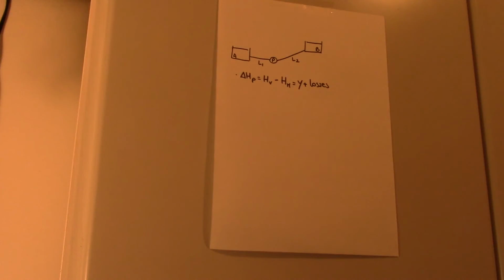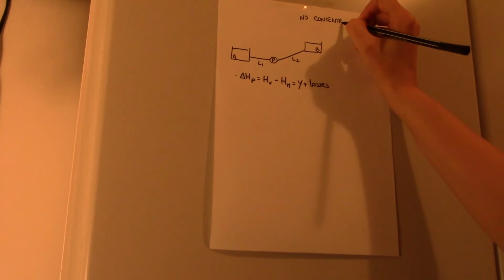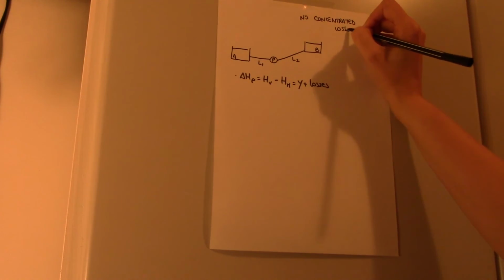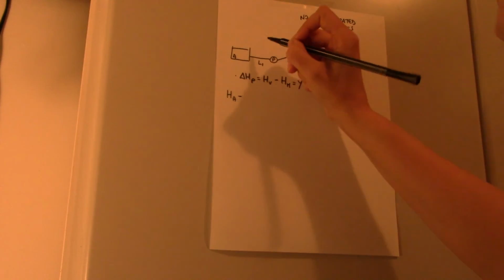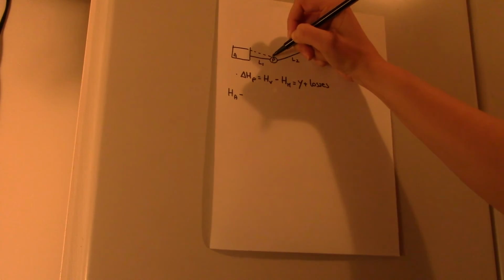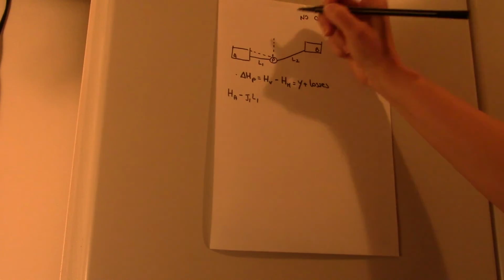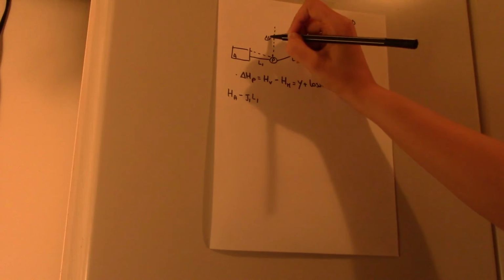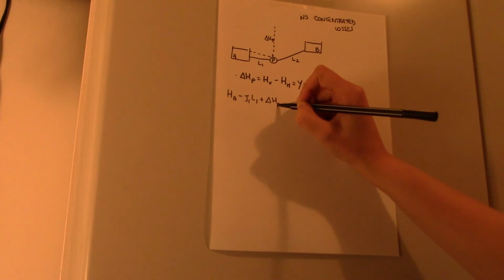Let's write now, trying to explain this, just applying Bernoulli's theorem from tank A to tank B. So, again, no concentrated losses, which means that we start from HA, then we see the first losses associated with J1 L1, then we have the increase, which is exactly delta H pump.